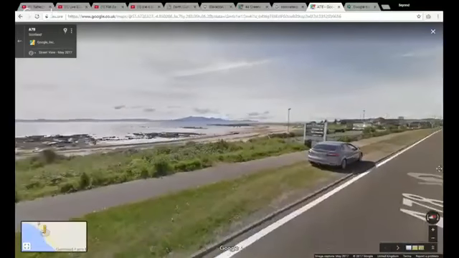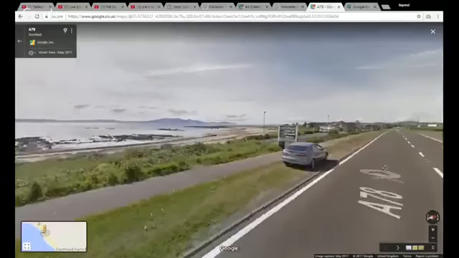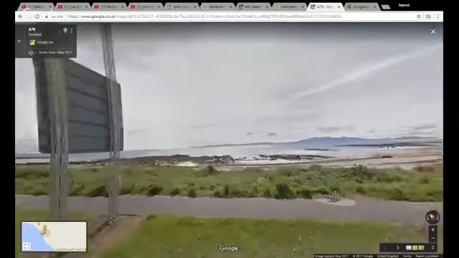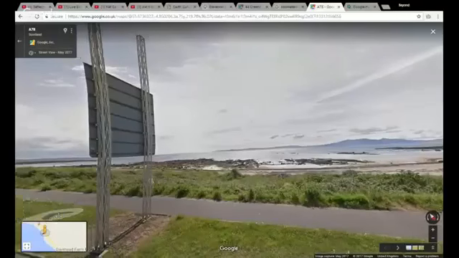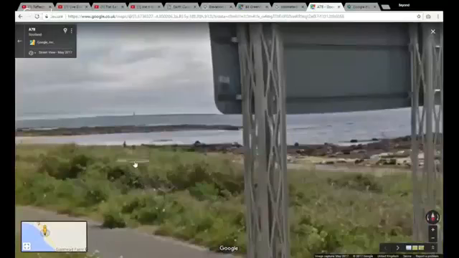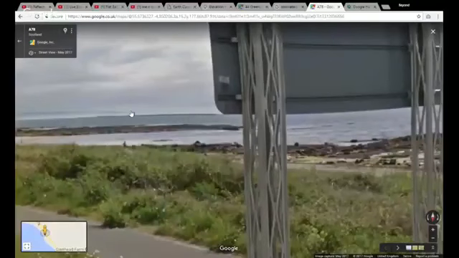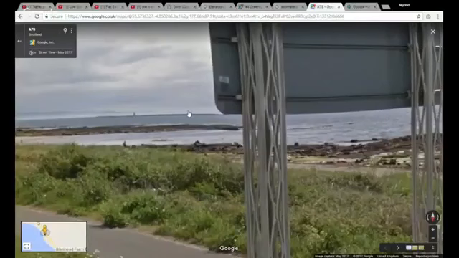Aye, so this is where we parked and we walked down onto the beach here. So we're looking here at the rock again, and also the peninsula here that you're going to see in the observations, which reaches out to Stranraer. So these are the two destinations that we were at.